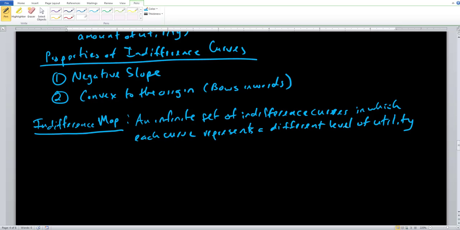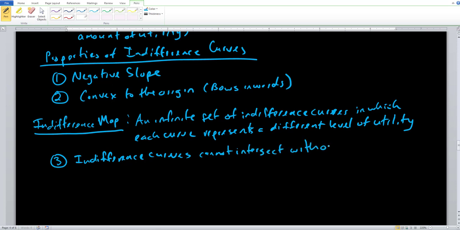So the final property that we need to take a look at, property number 3, is that these indifference curves cannot intersect with one another. And the reason why is that if they did, it would create a logical impossibility.